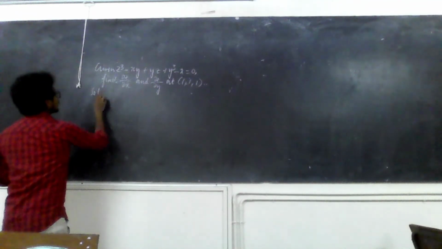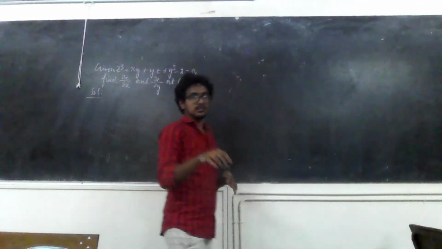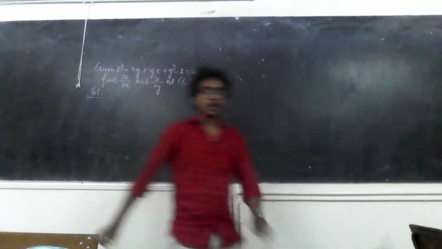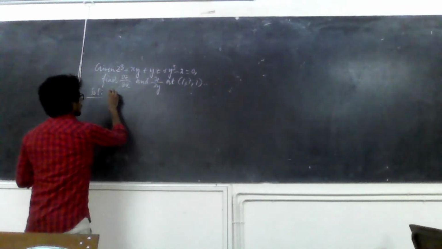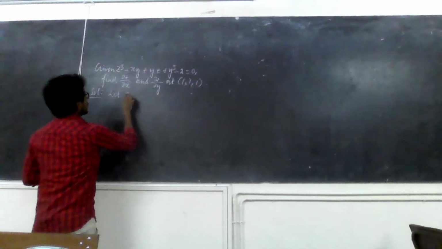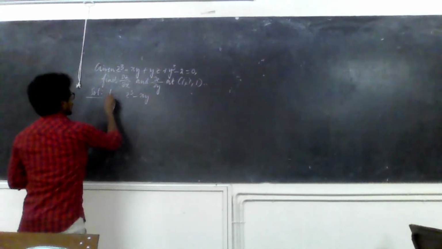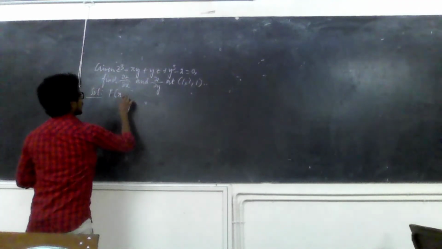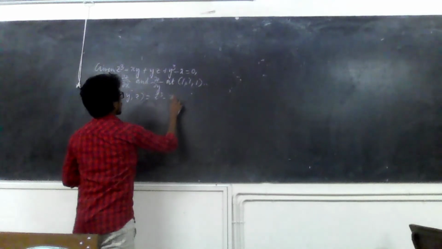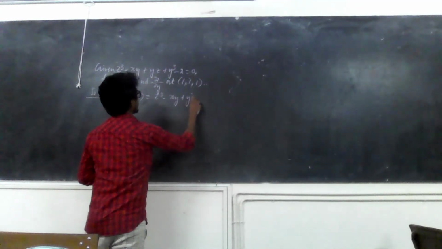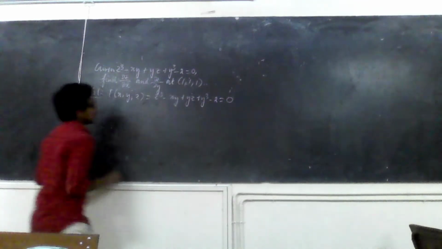So if you wish to go by the traditional way, we can do. First, let me show you the traditional way. Let us take z cube minus xy plus yz plus y cube minus 2 equals 0 as a function of x, y, z.